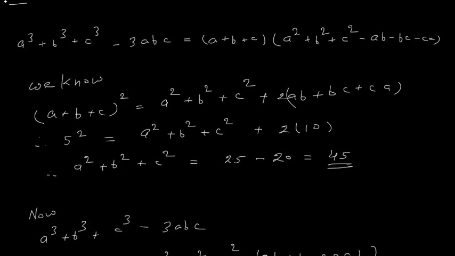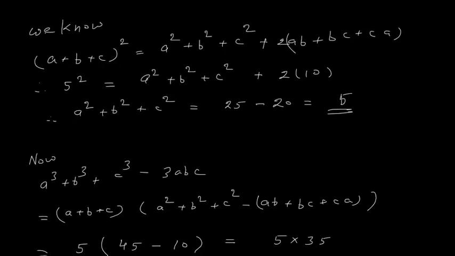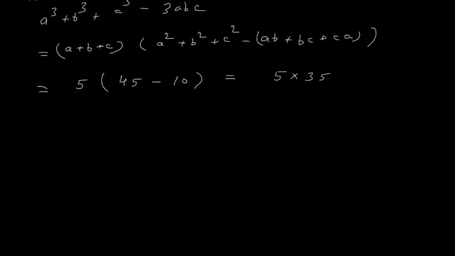So 25 minus 20 is 5. So a square plus b square plus c square is 5. Here in place of 45 we replace 5. So this is 5 minus 10, which is minus 5. So 5 into minus 5 gives me minus 25. Hence proved.